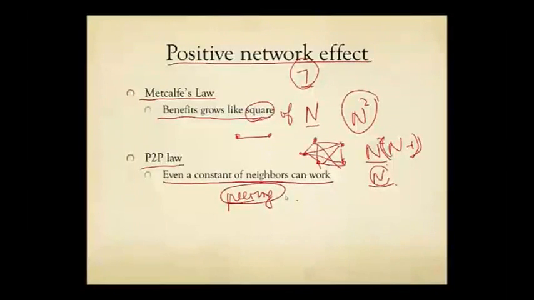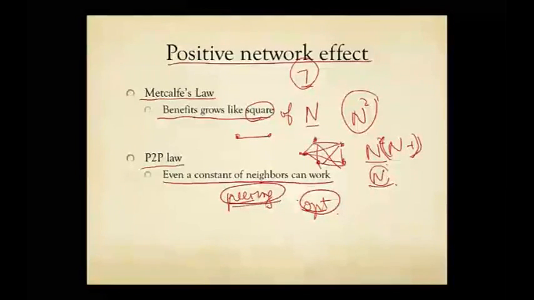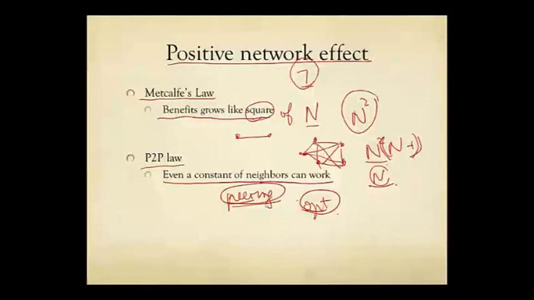In the advanced material part, we will see a really careful design through optimization. But even without optimization, you see that a reasonably smart pairing relationship can provide this P2P law. So to enjoy the positive network effect, you do not have to have a very dense network of connectivity.